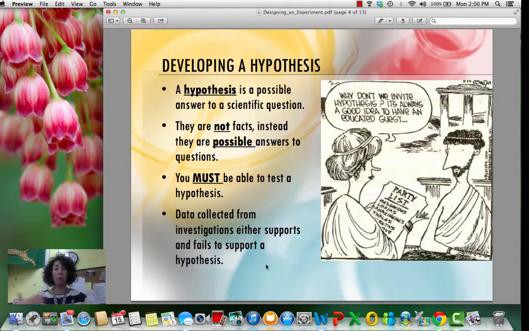Because, of course, when push comes to shove, you're going to be testing that hypothesis to see whether or not your data supports or does not support it. Not necessarily that your hypothesis is wrong, but sometimes data just doesn't support it, and that's okay. And so if it doesn't support it, then you need to go back and rework it.